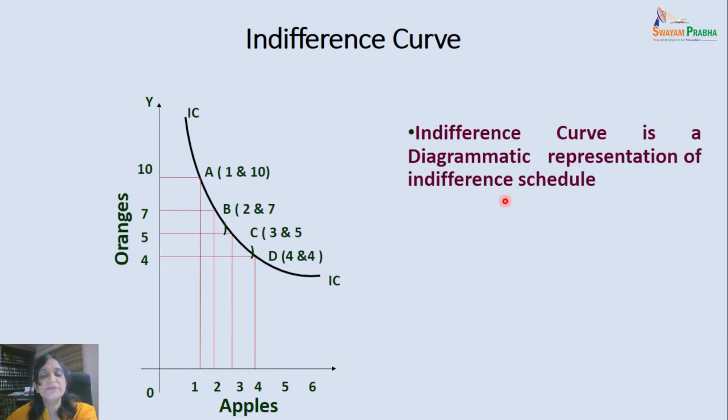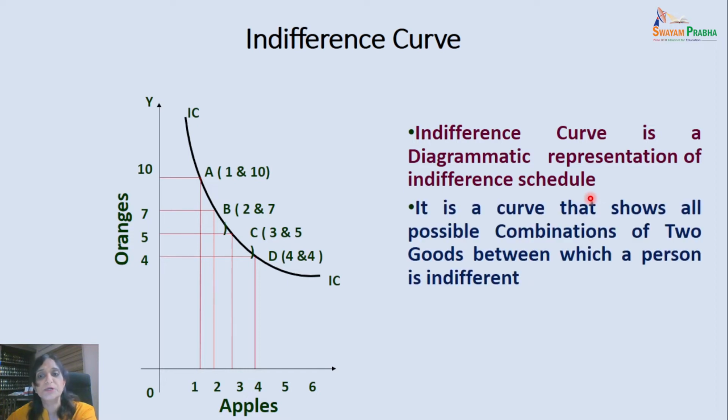When we plot it on a graph, the diagrammatic representation is called an indifference curve. If we want to define it, it is a curve that shows all possible combinations of two goods between which a person is indifferent.